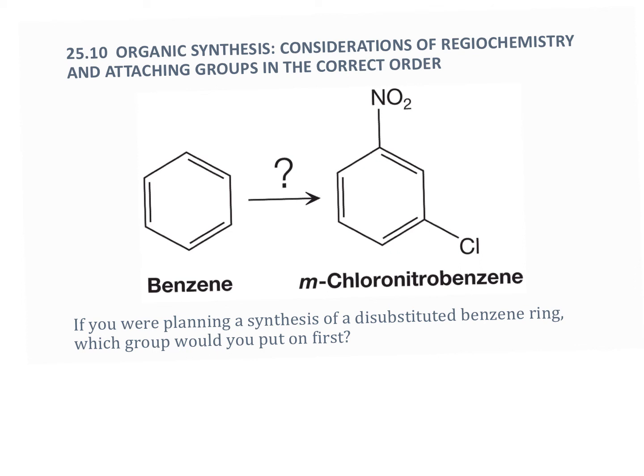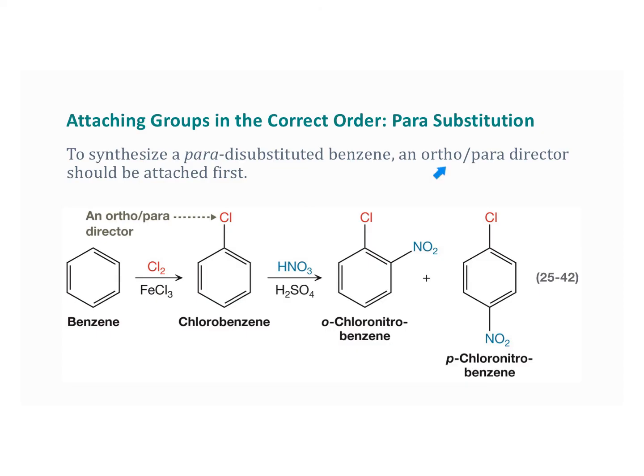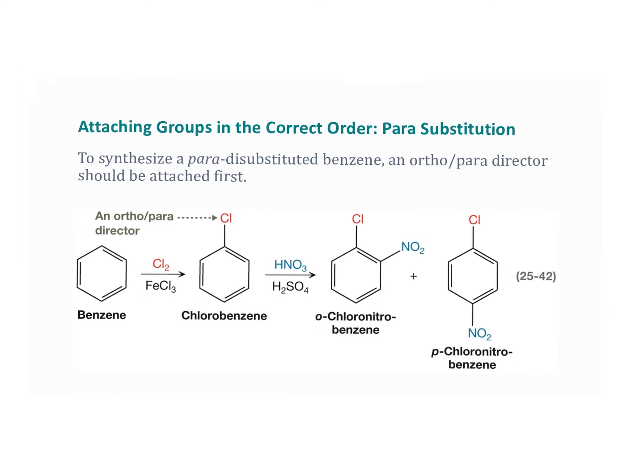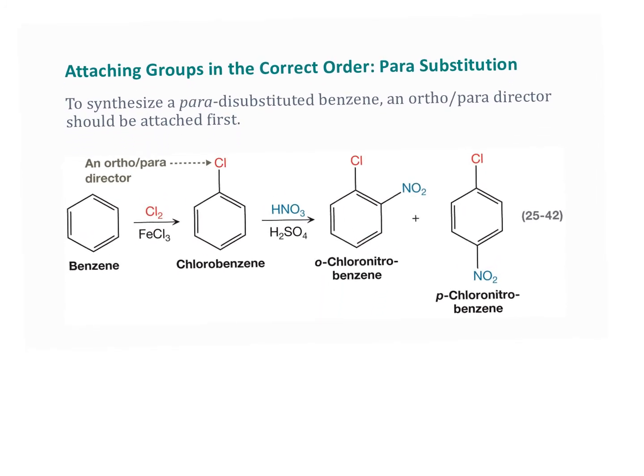Well, when we look at this, what we're trying to do is get these substituents in such a way that they have one carbon in between them. So if chlorination takes place first, we are going to encounter a problem with our regiochemistry.